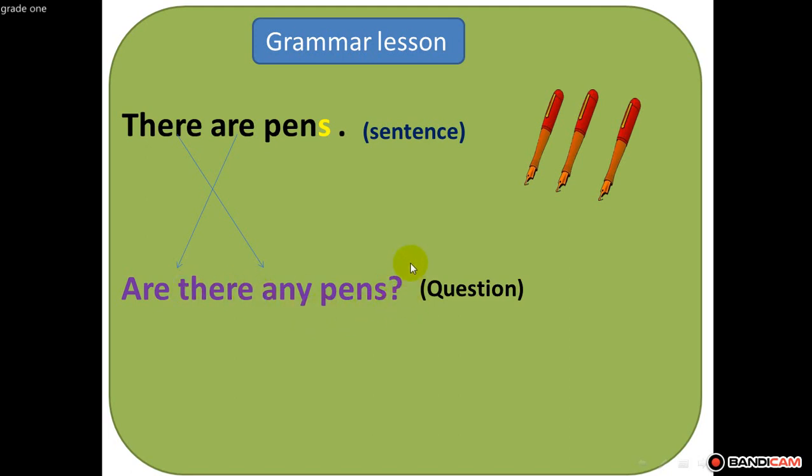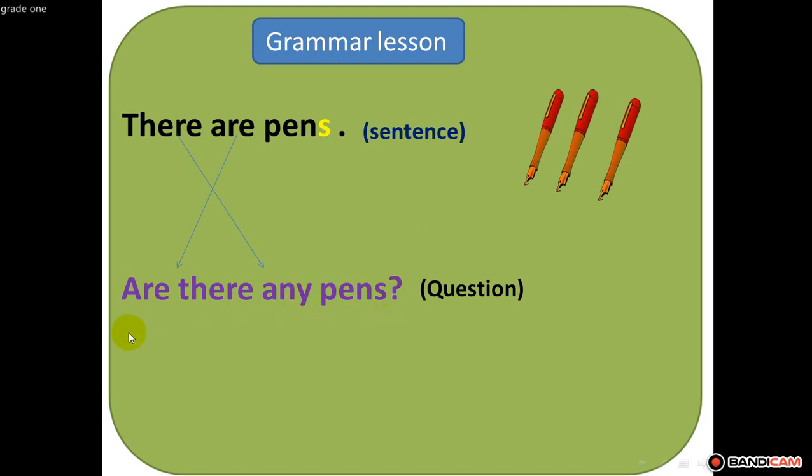I have to put a question mark because we started with are. As long as we started with are, I have to put at the end of this question a question mark, not a full stop, because this is a question.